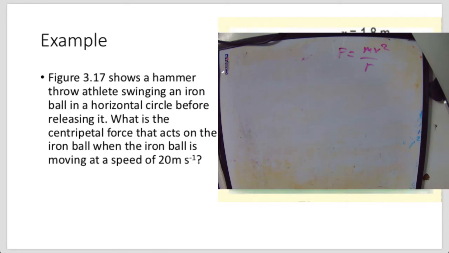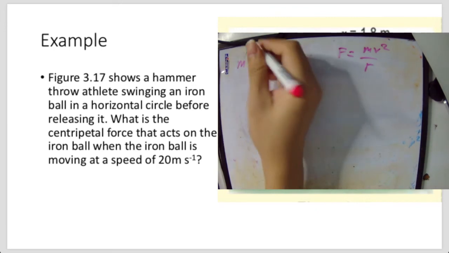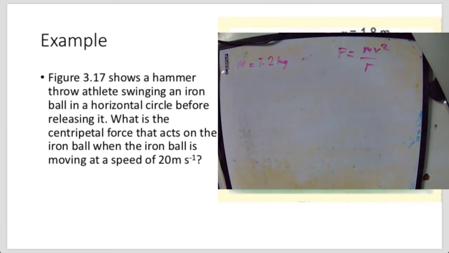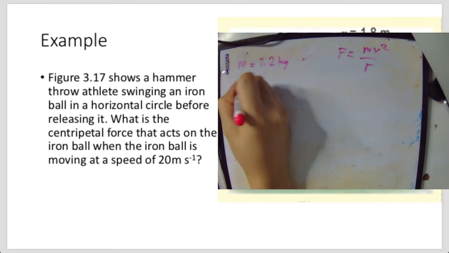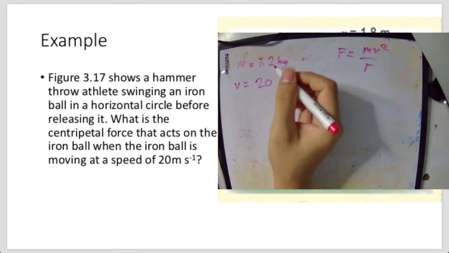So what is the mass? The mass of the iron ball is 7.2 kilograms. I hope you're following along. And the speed of the ball is 20 meters per second.